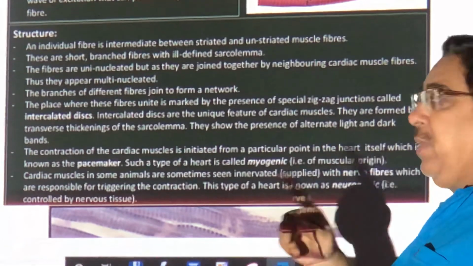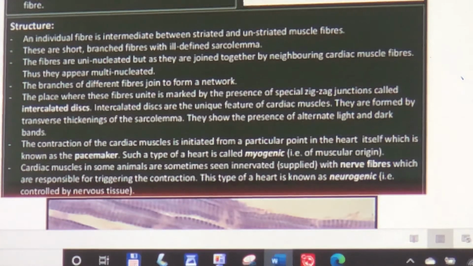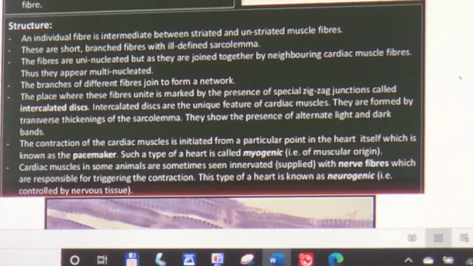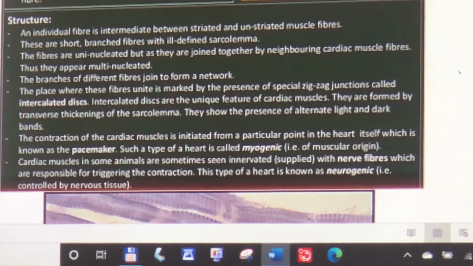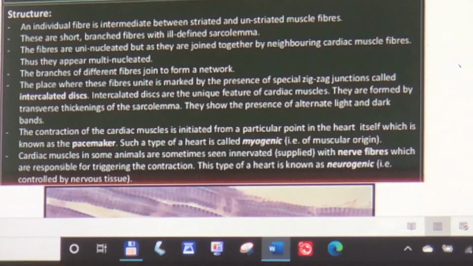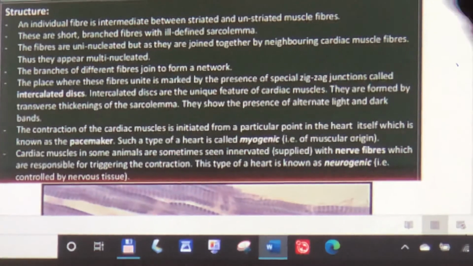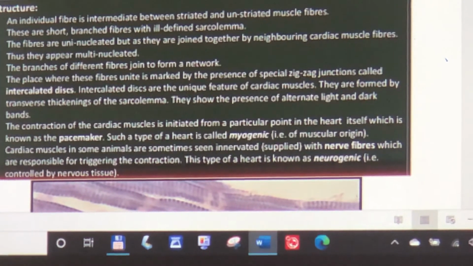The brain does not produce the impulse. If I remove your heart and keep it outside, it will beat for another 40 minutes. Okay? And those which are neurogenic are controlled by the nervous system, and if I cut that heart, it will not beat unless the brain has been separated. That is why we can transplant the heart. It can fly. It can be brought and put into another human being. Okay?